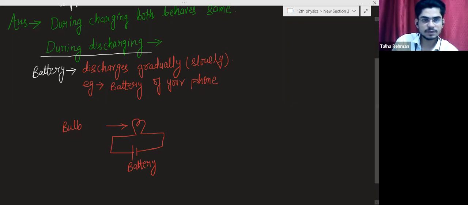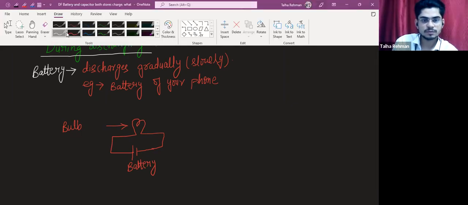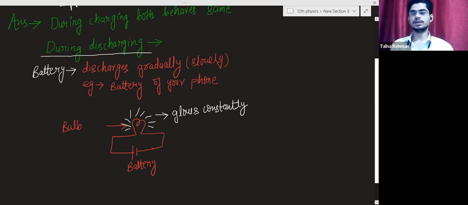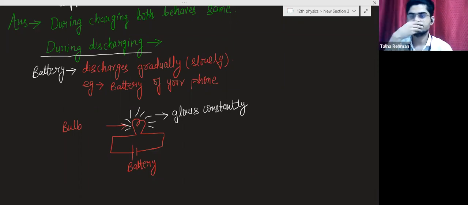This bulb glows constantly, and the discharging of the battery takes place gradually, and accordingly the bulb behaves.